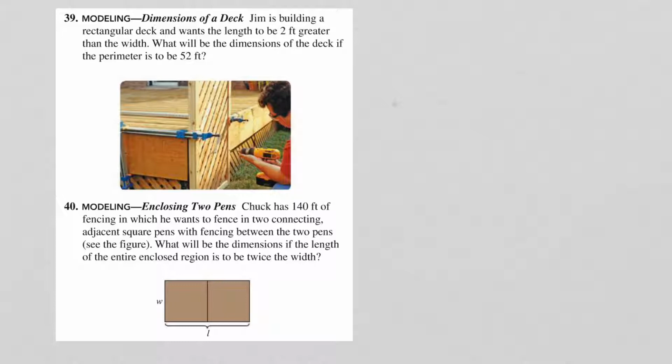Jin is building a rectangular deck, keyword, and wants the length to be 2 feet greater than the width. What will the dimensions be of the deck if the perimeter is 52? Another keyword there. So let's read it again. We know, first of all, it's rectangular. The deck is rectangular.